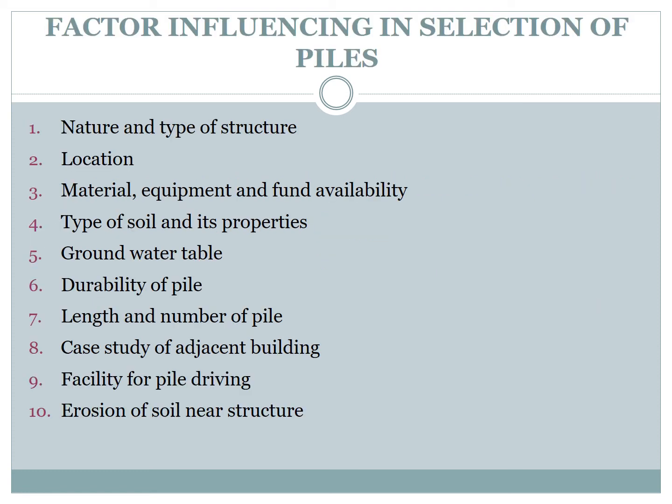Next, factors influencing selection of type of pile. There are some factors that should be considered while selecting a type of pile. The first is nature and type of structure, then location, material, equipment and fundability, type of soil and its property, groundwater table, durability of pile, length and number of piles, case study of adjacent building, facility for pile driving and erosion of soil near structure.